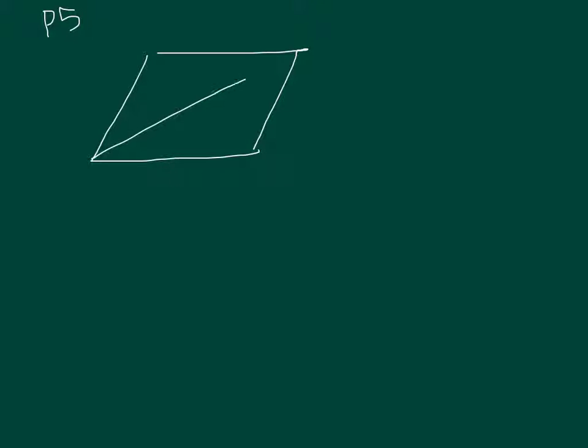Problem 5. In this figure, PQRL, and we've got the line there. It says segment PL is congruent to segment RQ, and segment PQ is congruent to segment RL.